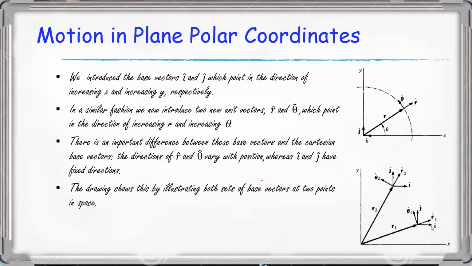This is the direction of i here, and it is the direction of j. It is the same in 2 points, 2 positions, but the direction of r is this one, and here it is theta 1, direction of theta 1, and at this point this is the direction of r2, and it is the direction of theta 2.